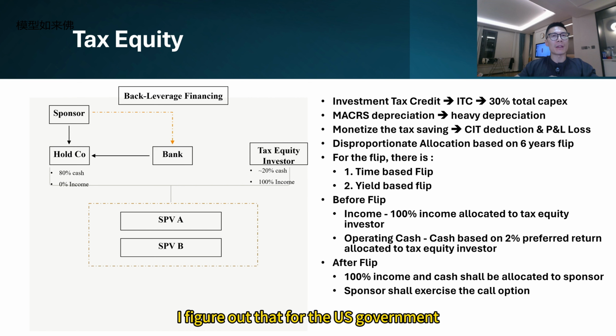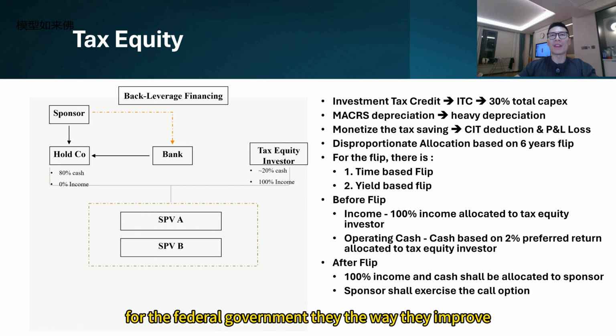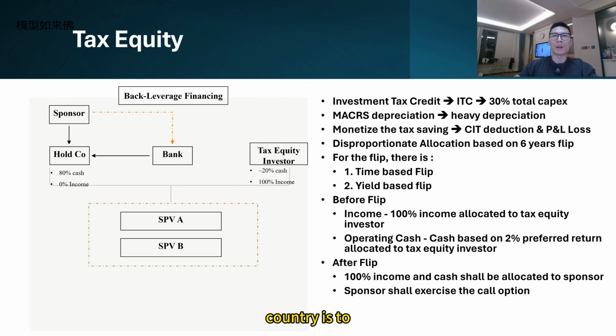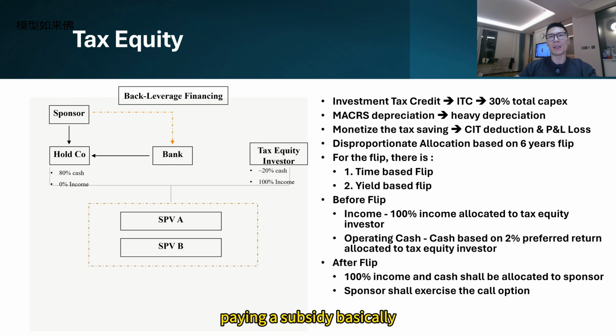I figured out that for the U.S. federal government, the way they promote the renewable energy sector is using the CIT deduction. Instead, in our country, the way we promote the renewable energy sector is by paying a subsidy.